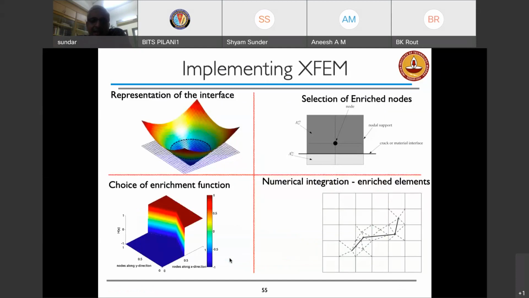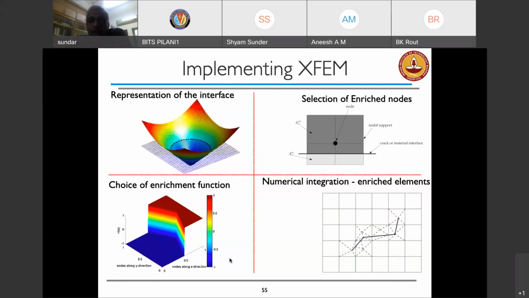There are certain difficulties in implementing XFEM. For example, you need to know where the interface is. You need to know what are the regions where I have to add these enrichment functions. What sort of enrichment function should I use? In this case, we saw that we have 2 enrichment functions. One is the Heaviside function for the jump, and some functions to capture the singularity. But if the physics of the problem changes, these enrichment functions also change.